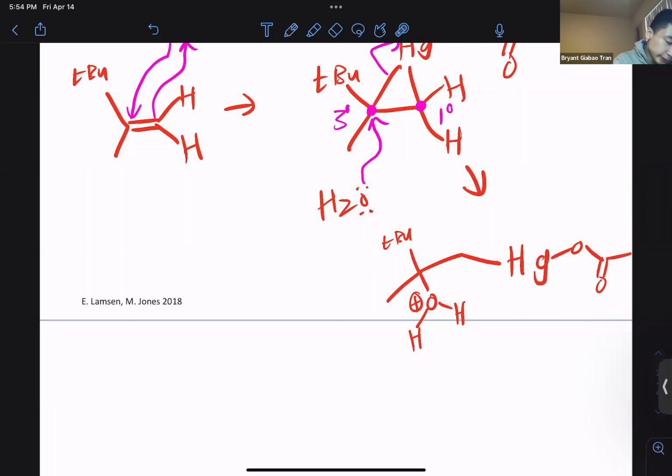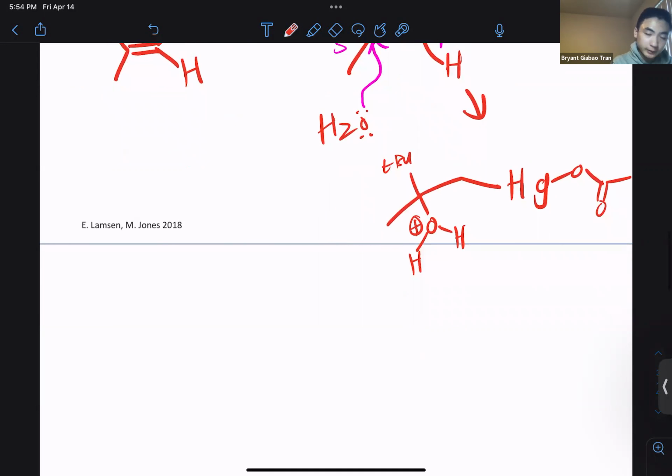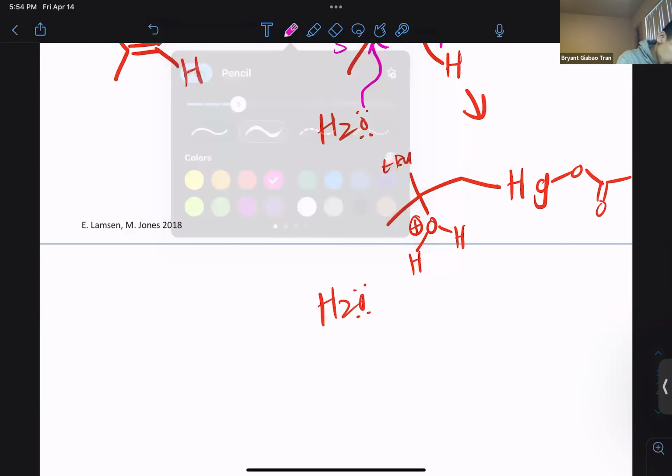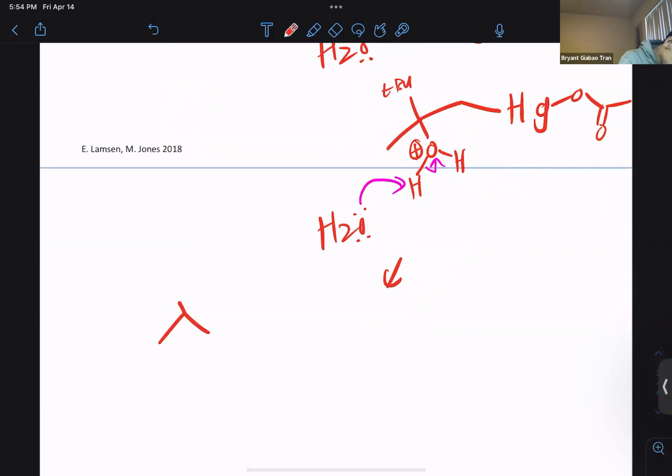And then we don't have to draw in these 2 hydrogens because these 2 hydrogens of this carbon will be implied already. So then now we are going to deprotonate this alcohol to neutralize it. And that would give us, like this, TBU OH, this mercury here with the acetate group.